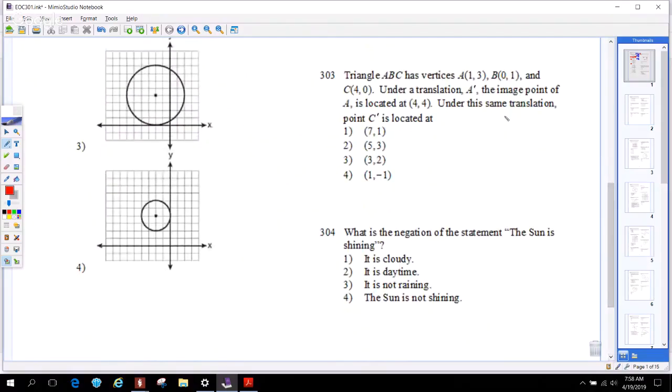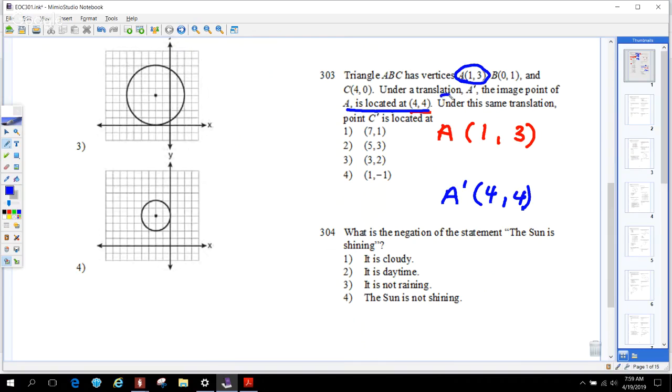Triangle ABC has vertices A(1,3), B(0,1), and C(4,0). Under a translation, A prime, the image of the point A, is located at 4, 4. So here's A, which is 1, 3. We're trying to get to A prime, which is 4, 4.